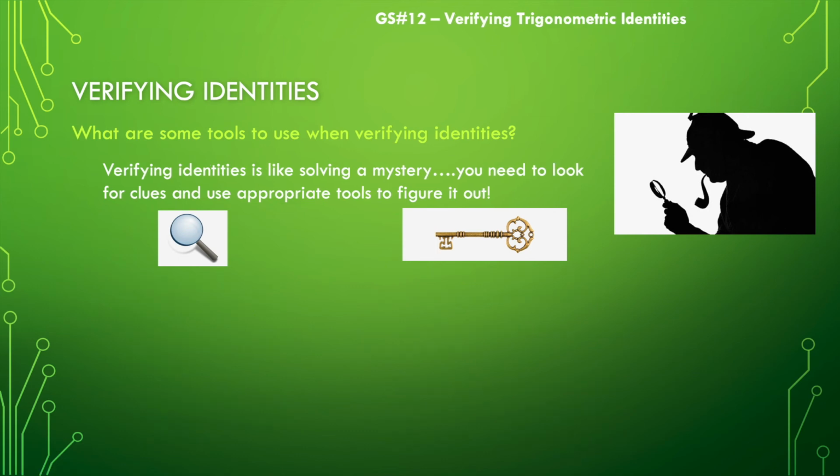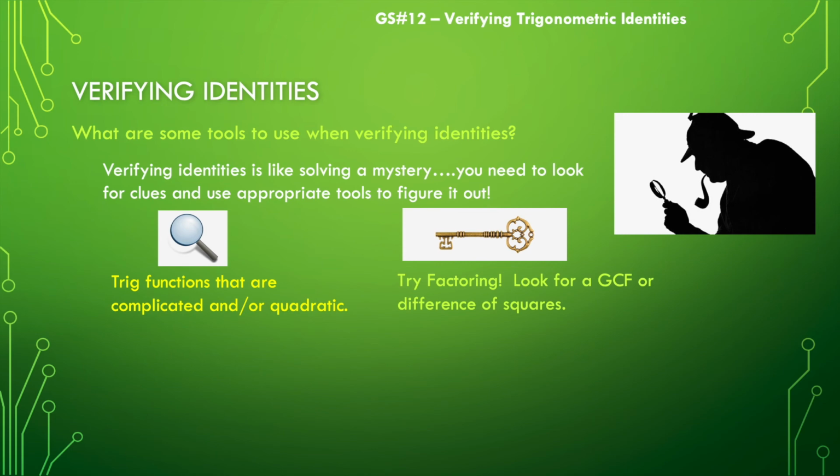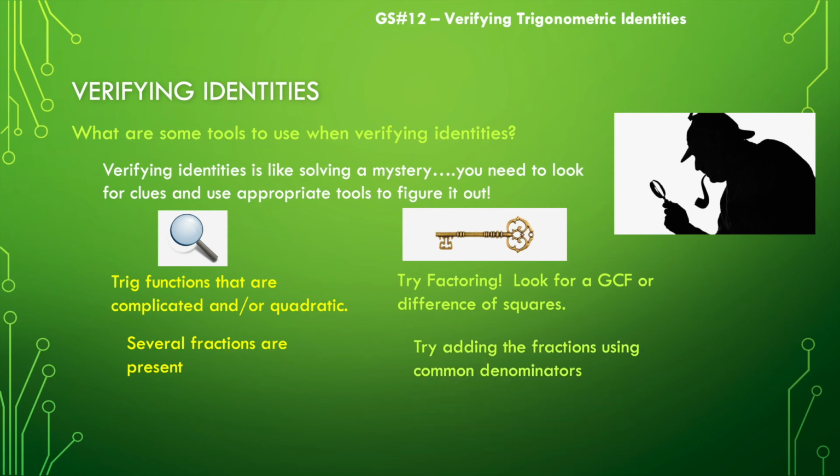What else can we do? Well, we can look at trig functions that are really complicated or quadratic as things that might be able to be factored. We could look for a GCF, or maybe it's written as a difference of squares and we could factor it using that pattern. Another clue to look for: what if you see lots of fractions present? Well, try combining them into one fraction, making sure that they have common denominators.